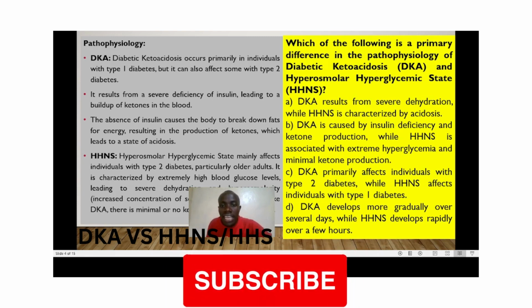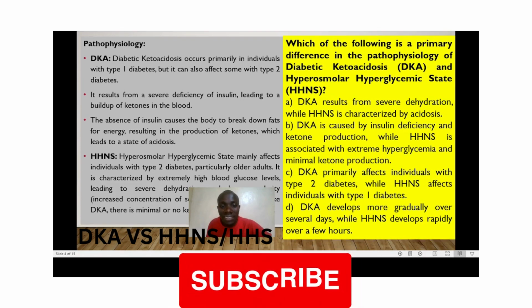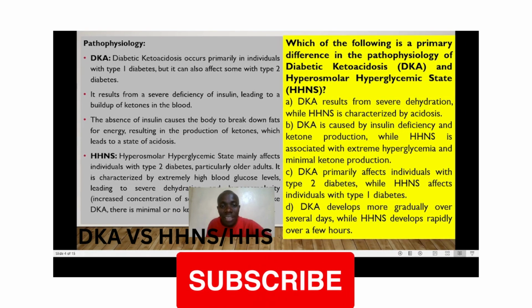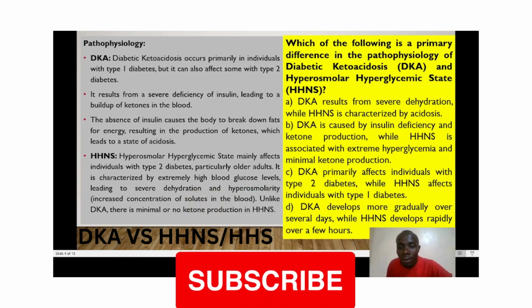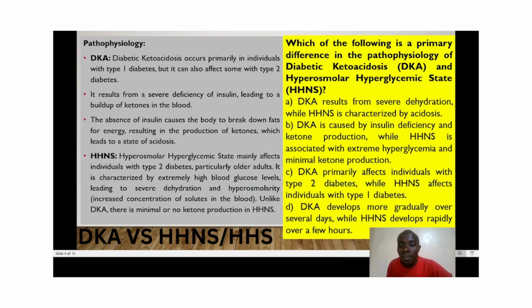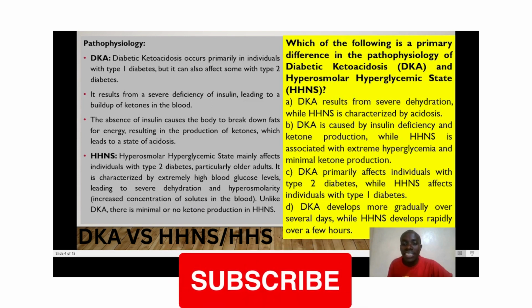Lastly, DKA develops more gradually over several days, while HHNS develops rapidly. Guys, it's the other way round, okay? So DKA develops more rapidly while HHNS develops gradually. Okay?